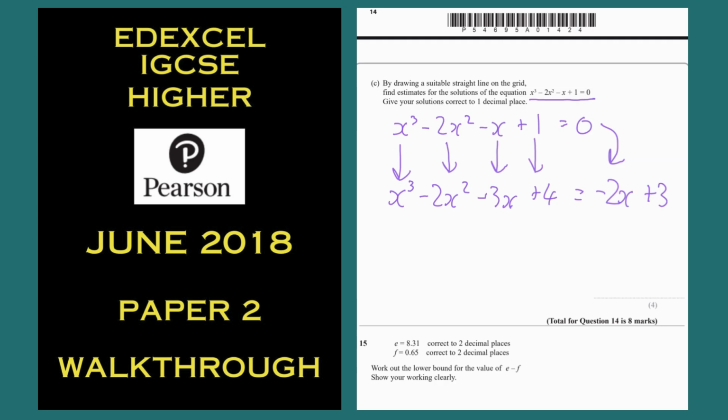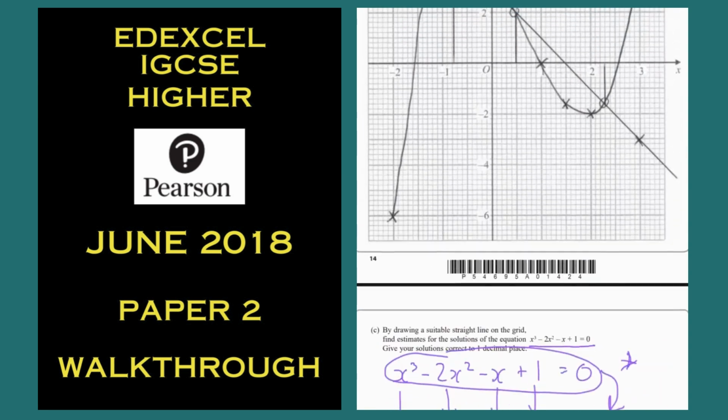So there's the crux of this question. If you're trying to solve that, but you've actually drawn this, the solutions to the top line will be the solutions to the bottom line. You just need to draw the graph of y equals minus 2x plus 3.